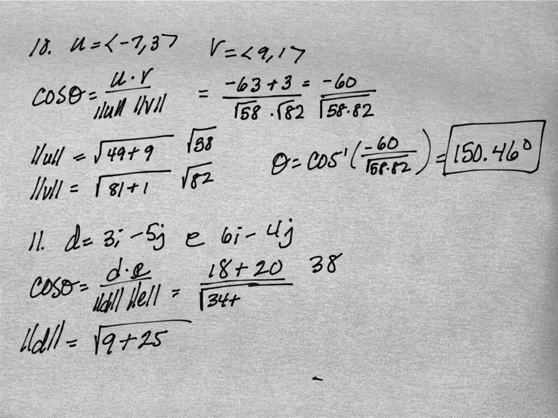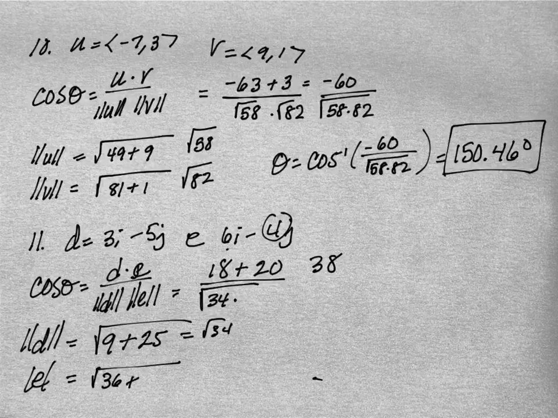Times, and E is the square root of 36, right, 6 times 6, plus, looking over here, negative 4 times negative 4 would be 16. So that's the square root of 52. So we'll put 34 times 52, the square root of 34 times 52.